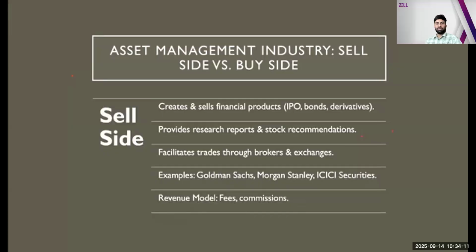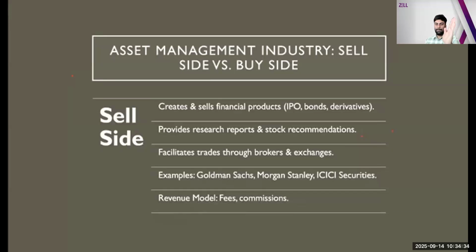So the asset management ecosystem is basically a company that manages the entire in and out of the financials, representing buy side clients as well as sell side clients. This ecosystem is divided into two halves. One is the sell side, the other is the buy side.